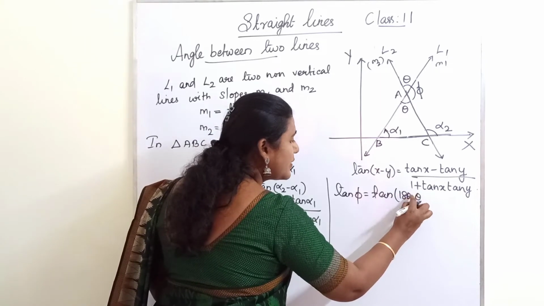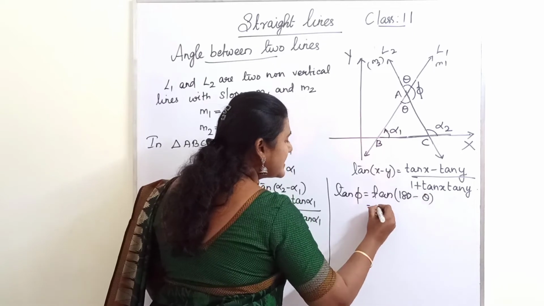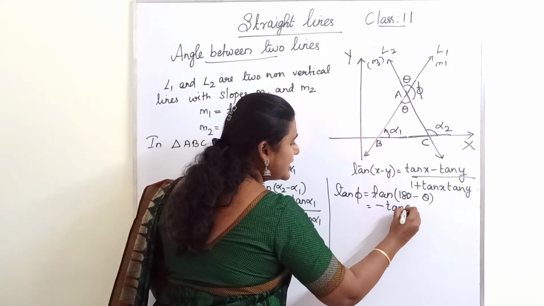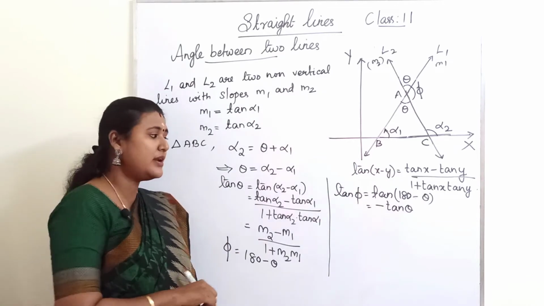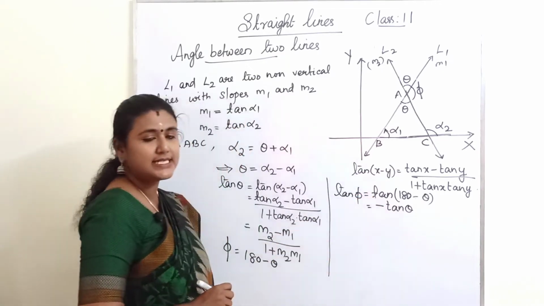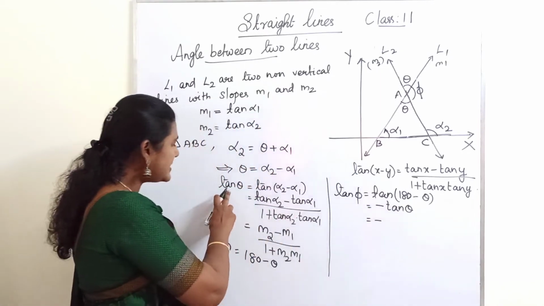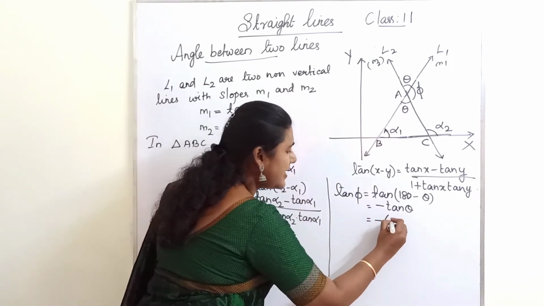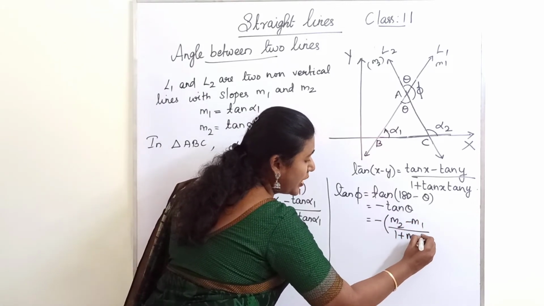Tan of 180 minus theta is minus tan theta, because 180 minus theta means the angle lies in the second quadrant, and in the second quadrant tan is negative. So tan phi is minus tan theta, where tan theta is m2 minus m1 divided by 1 plus m2 m1.